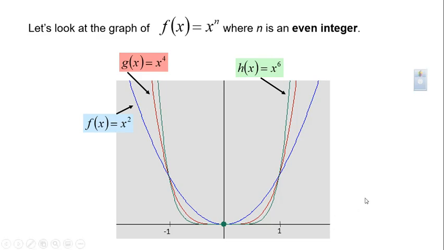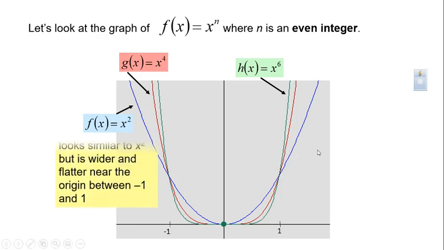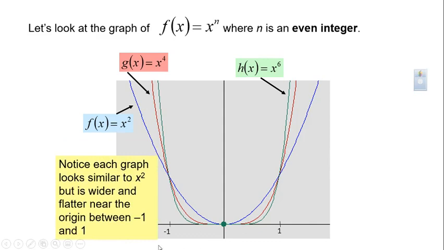So for example, 1.5 squared is going to be 2.25. 1.5 to the 4 is going to be 6.25. The number gets bigger as you raise it to a bigger and bigger power. So that means the graph gets flatter between -1 and 1 and steeper on the outskirts of 1.